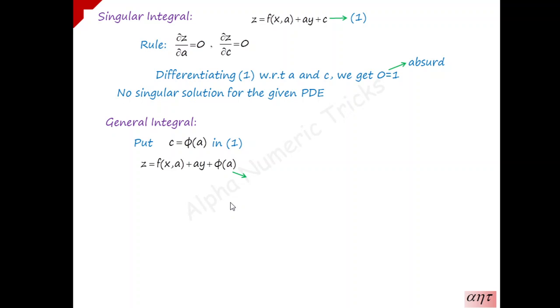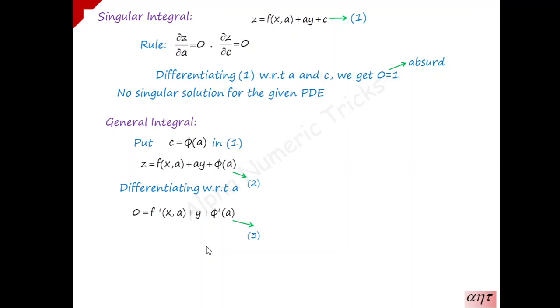Now number that equation as 2, and this is differentiated with respect to the available arbitrary constant a, and dou z by dou a value is 0, because using this rule dou z by dou a is equal to 0. It is equal to differentiation of f with respect to a partially, which is f dash of x comma a, plus differentiation of ay with respect to a, which is y, because y is constant and a with respect to a becomes 1, plus differentiation of phi of a with respect to a, which is phi dash of a.